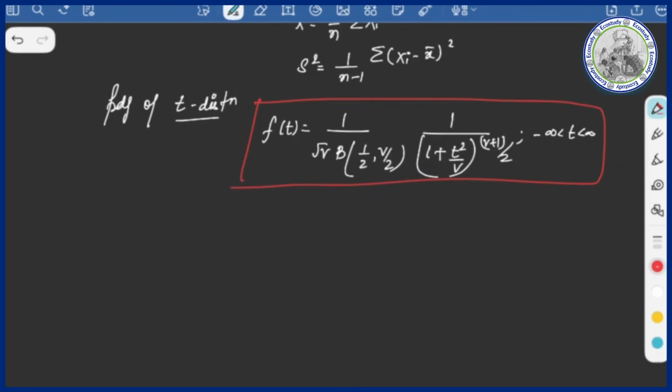Here v is nothing but n minus 1 degrees of freedom, and B is the beta function, B(1 by 2, v by 2).